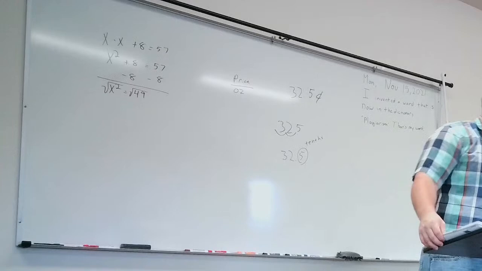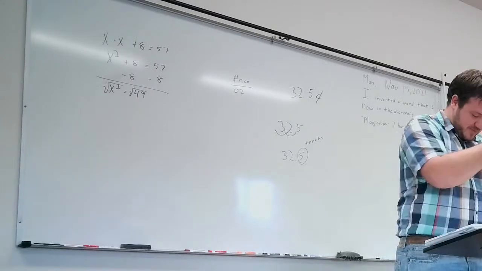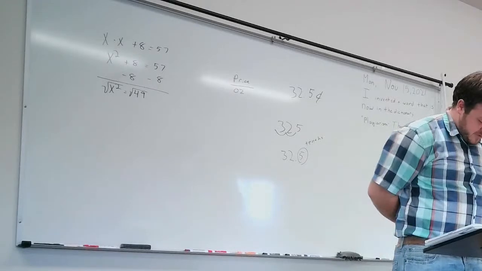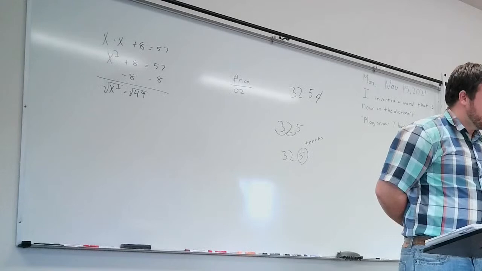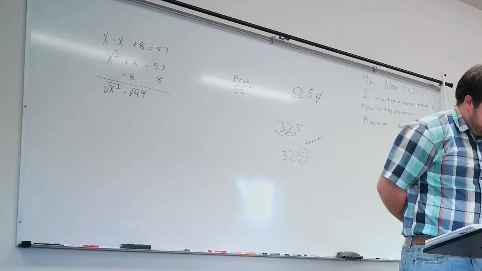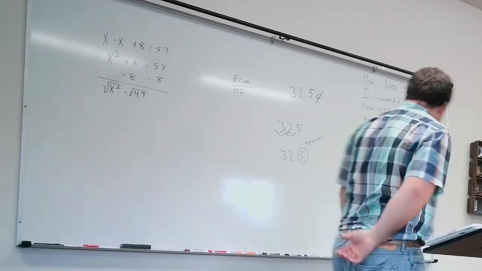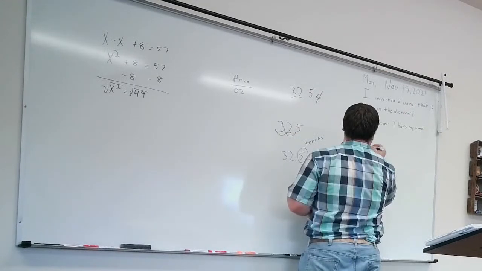Perfect. Number 14. What's the square root of 125? 5. Just like that. Okay, so you have the square root of 5 times 5 times 5, right?